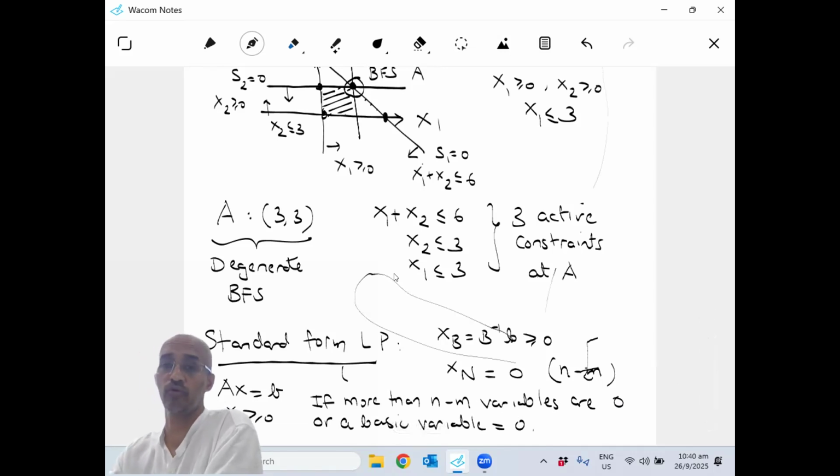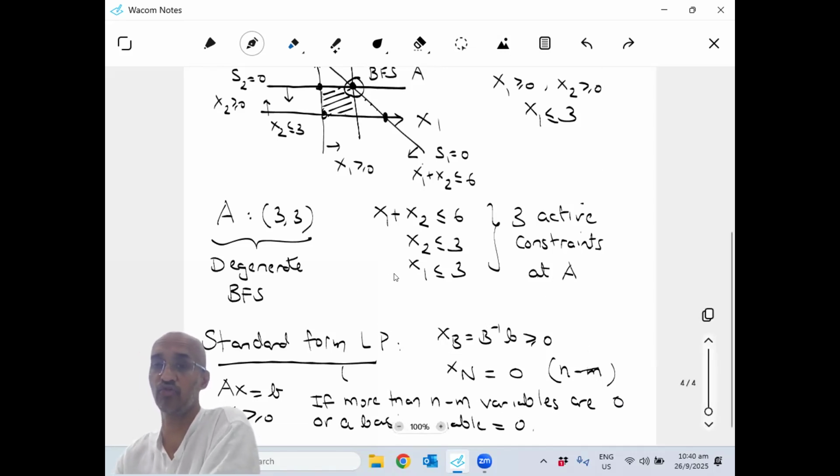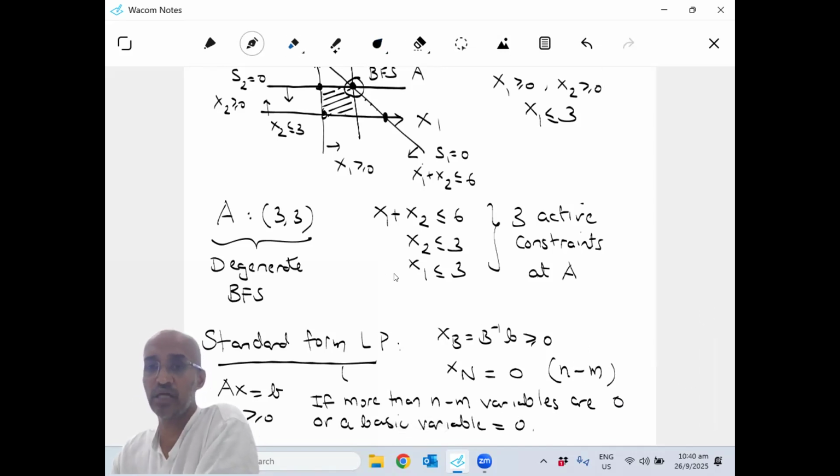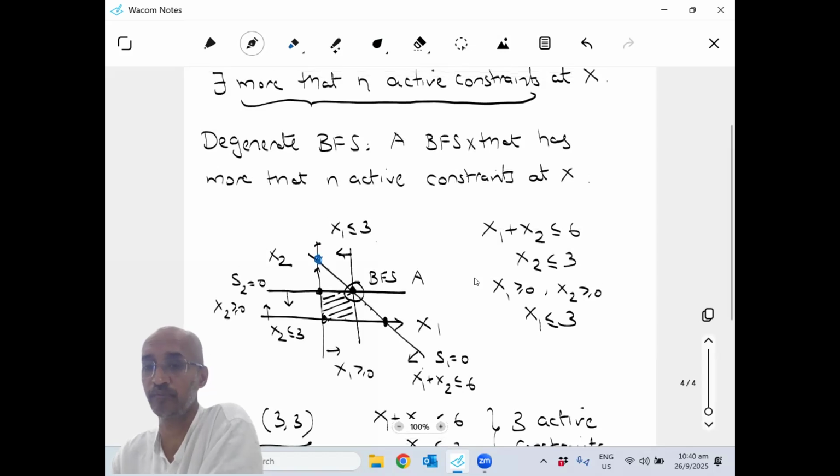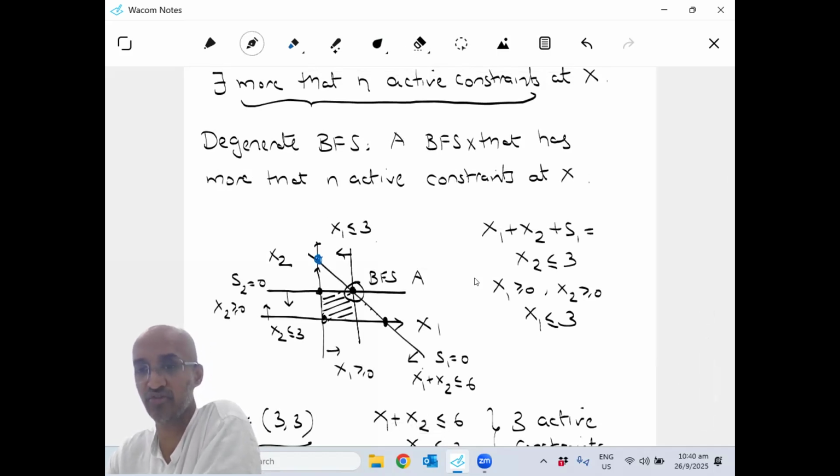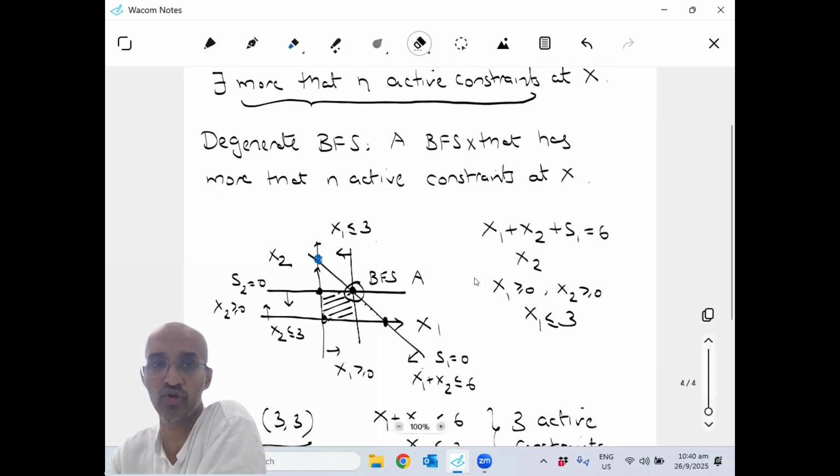When you solve this, in this example, if I added in a third slack variable, remember what we did is we converted this, right? X1 plus X2 plus S1 equal to 6 in the standard form. X2 plus S2 equal to 3.